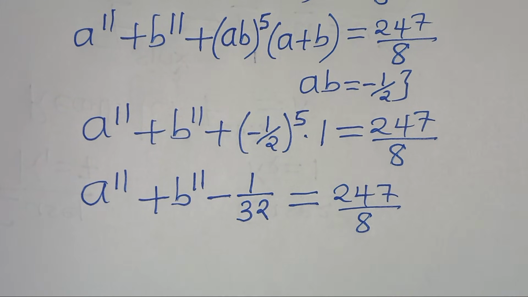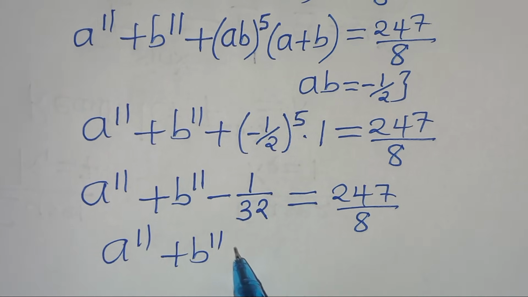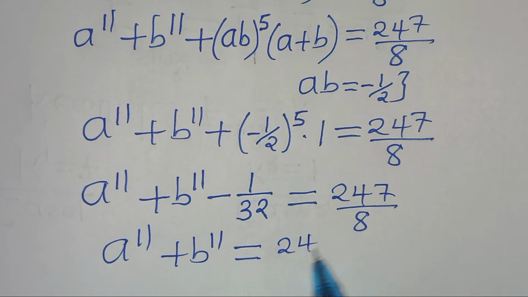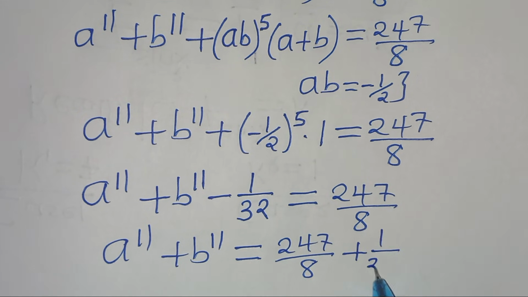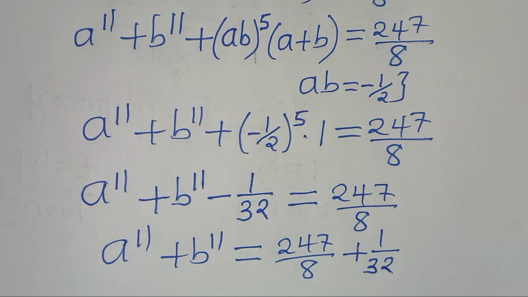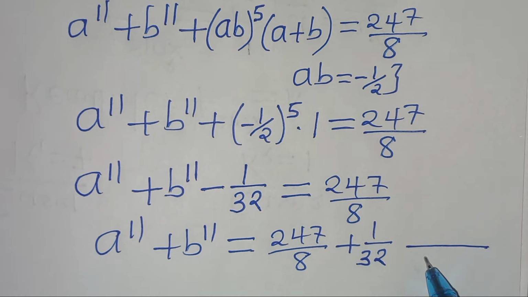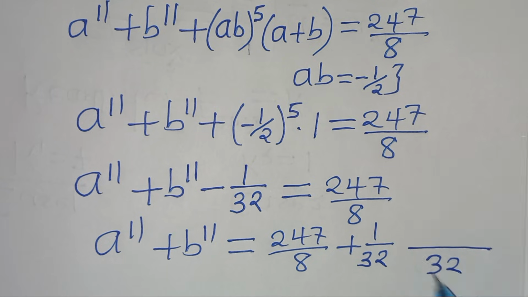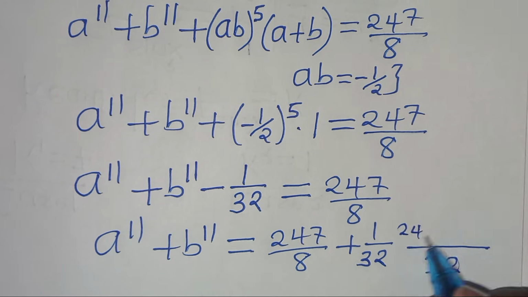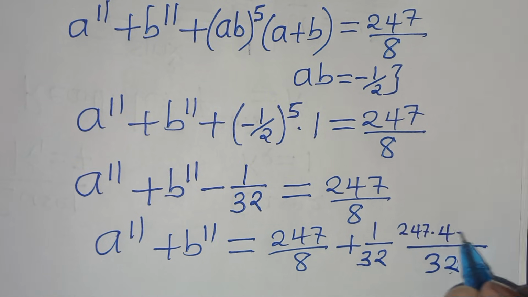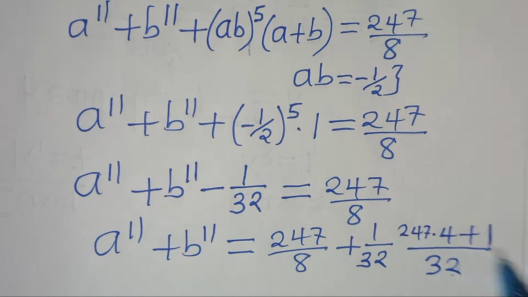So this means that a to the power of 11 plus b to the power of 11 is equal to 247 over 8 plus 1 over 32. So we have that here. The LCM is 32. 32 divided by 8 is 4, then we have 247 times 4. Then plus, 32 divided by 32 is 1, 1 times 1, this is 1.